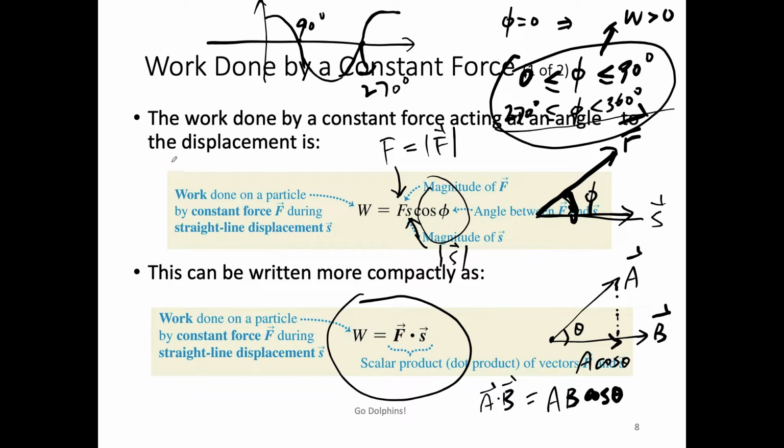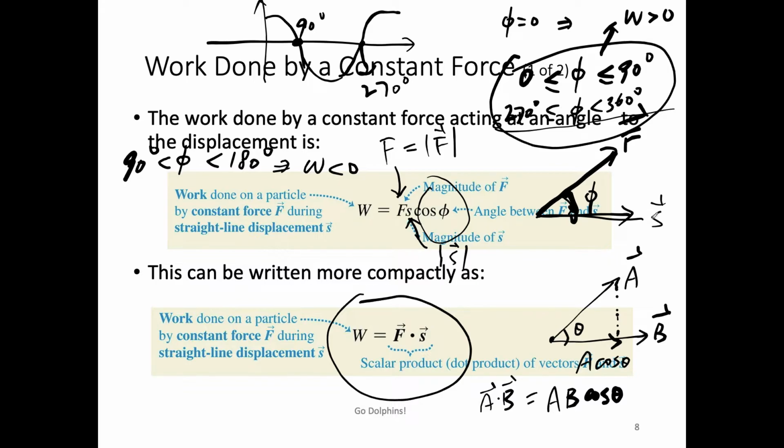On the other hand, if your phi is from 90 degrees to 180 degrees, you will find your work is negative. So it all depends on the angle between force and S.